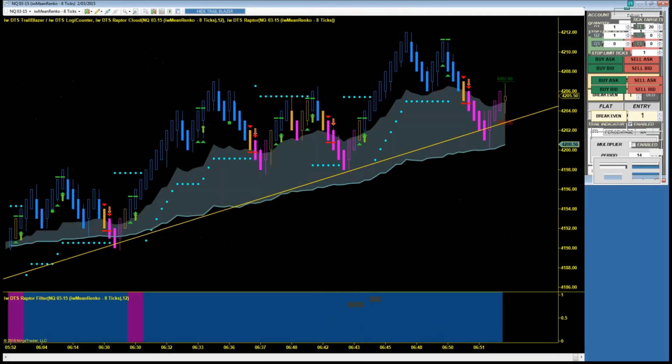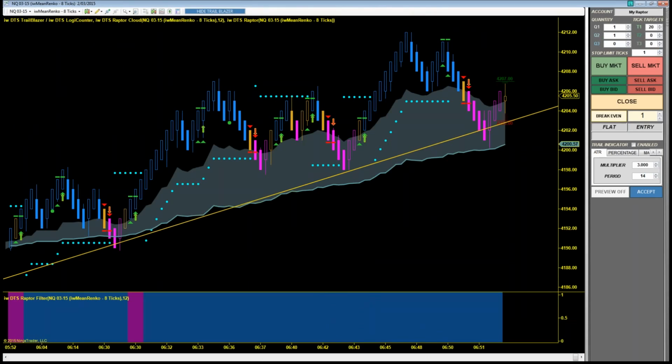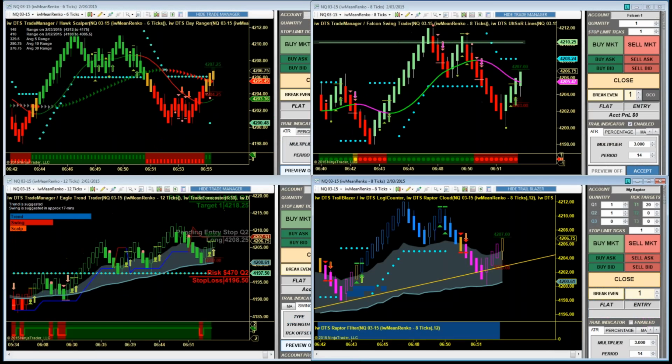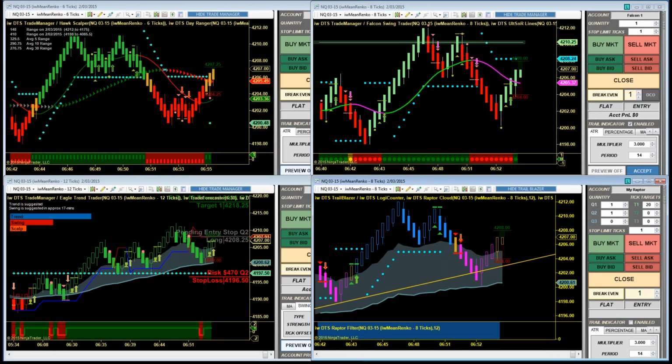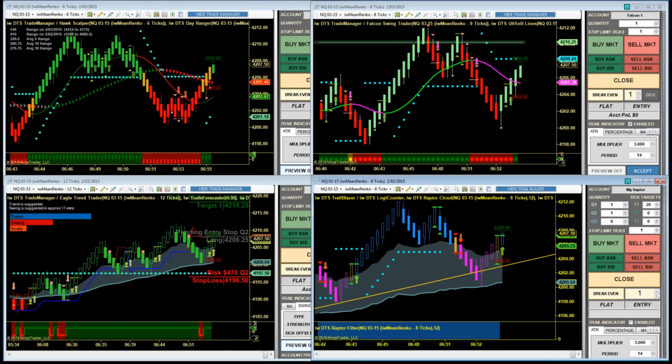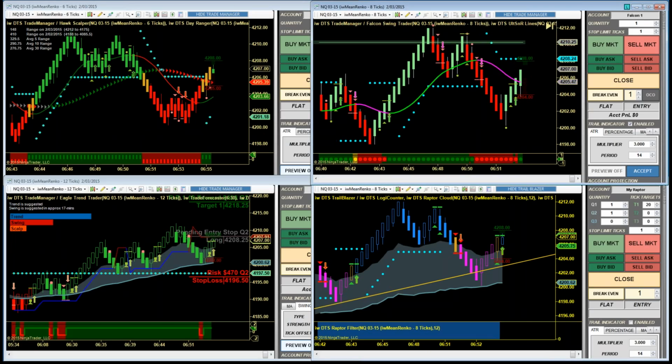The lack of follow through and everything. It's these yellow bars, not very encouraging. The same yellow bars you can see cropping up more and more here on the Raptor. It makes for very difficult trading.